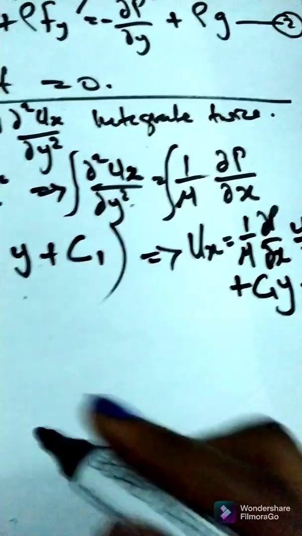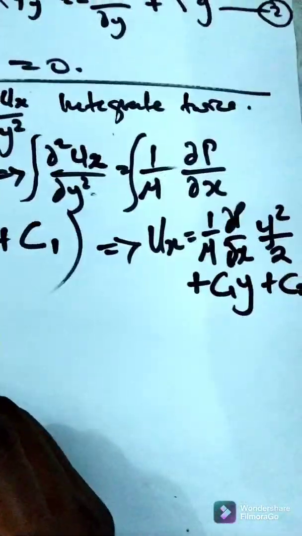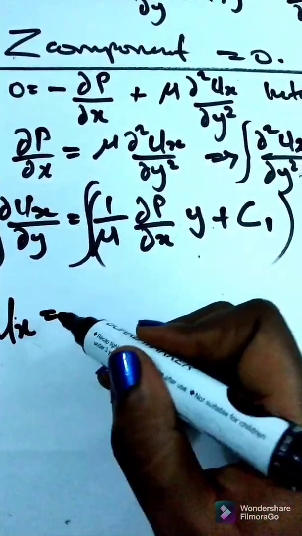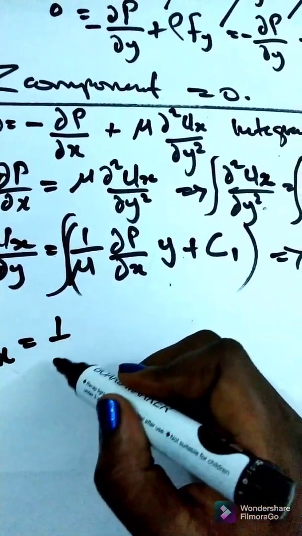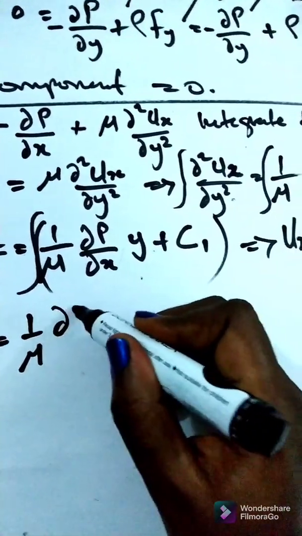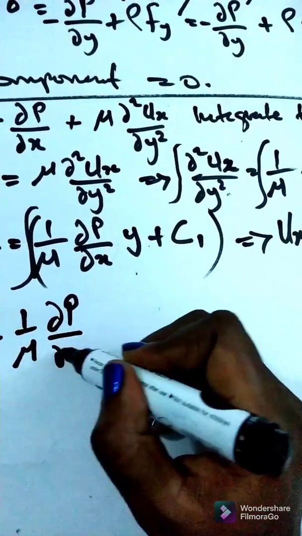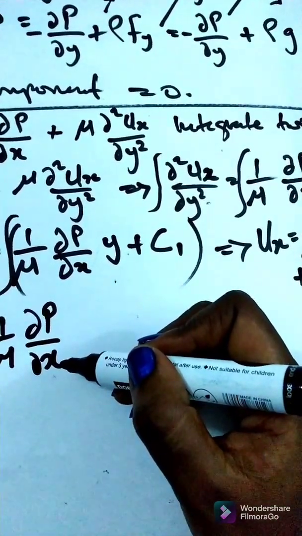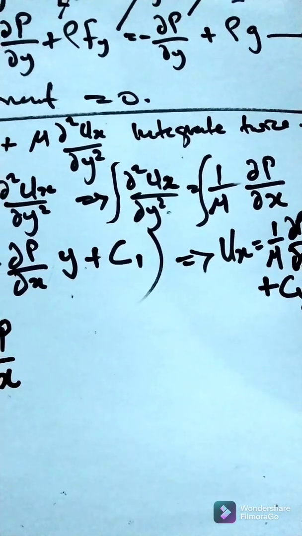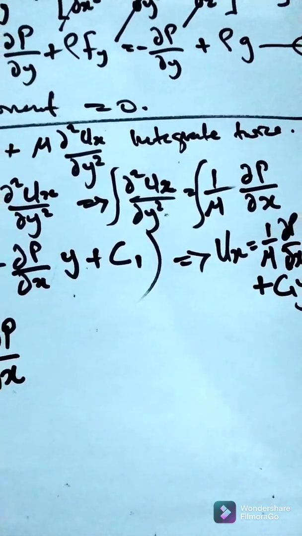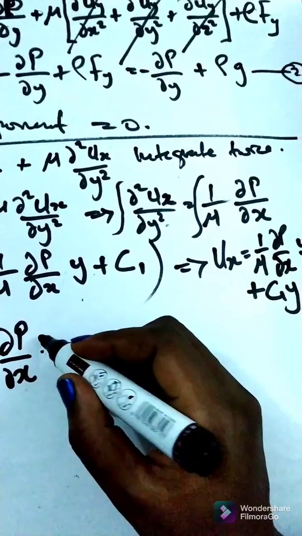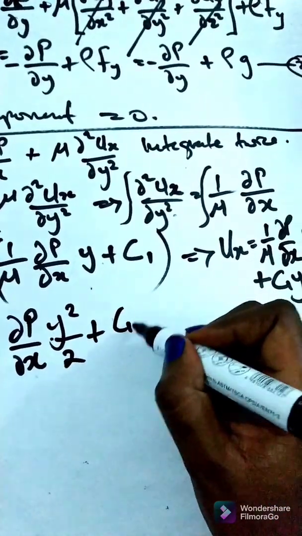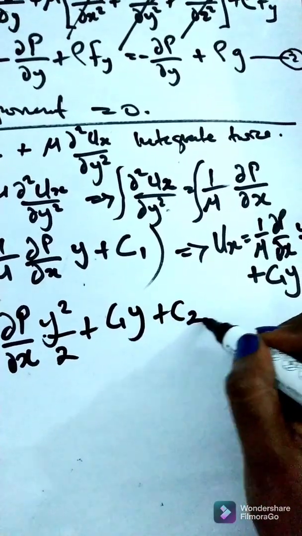So we'll write it out properly: ux after integrating twice gives us 1 over mu partial p partial x y square all over 2 plus c1y plus c2.